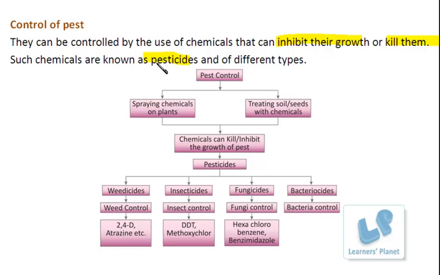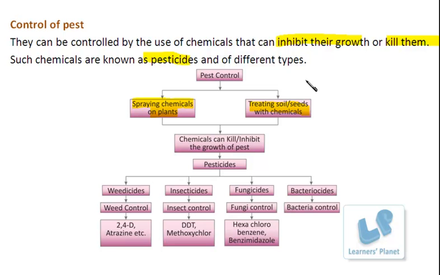And definitely they are of different types, and the application is also done in different ways. That means the pest is controlled either by spraying the chemicals directly on the plants, or another way is to treat the soil or the seeds with these particular pesticides prior to the sowing season. So in this way, definitely the growth of these pests is not possible over the plants.